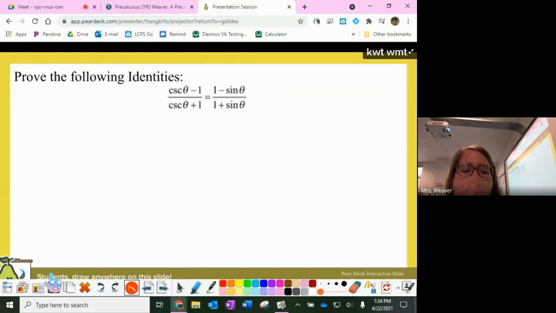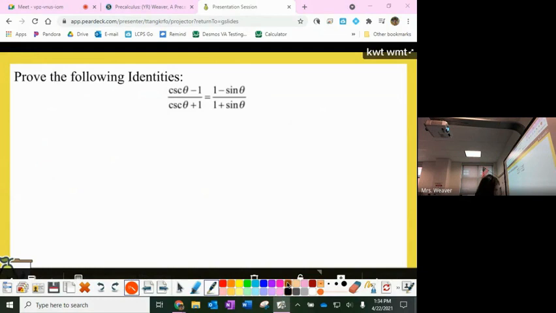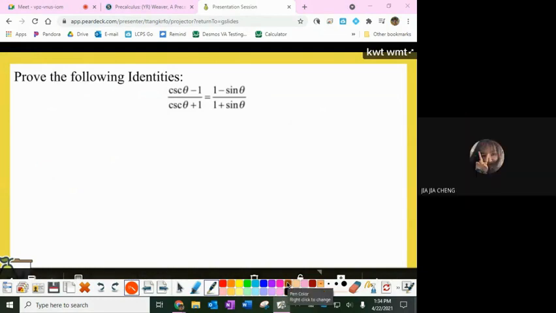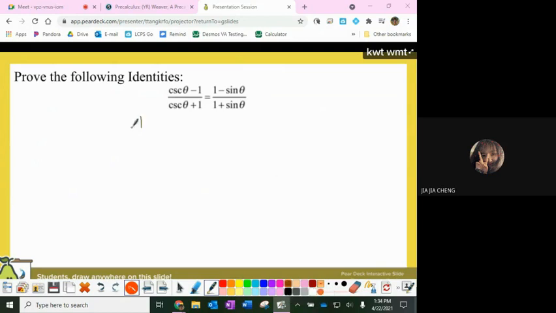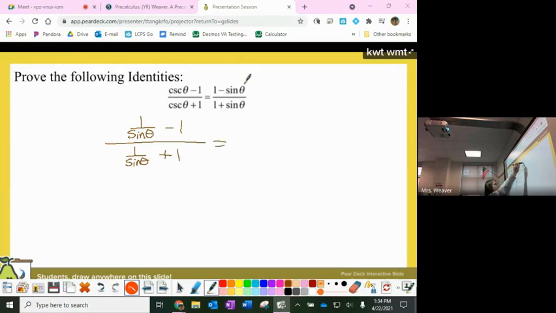It's looking good. Gia, can you talk us through what you're doing there, ma'am? I just distribute the cosecant to 1 over sine theta. Okay. Then minus 1, all over 1 over sine theta plus 1. Okay. Because we were trying to get to sines, right? So you just went ahead and changed them to sines.